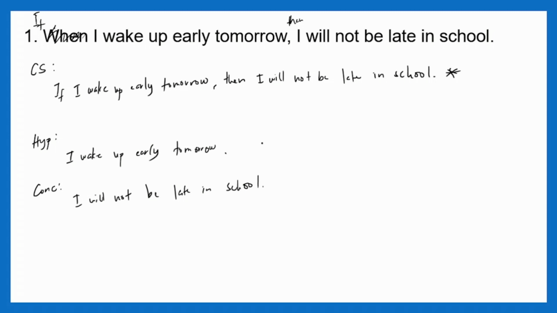Alright, so this is the answer for number 1. Again, for conditional statements, we have, if I wake up early tomorrow, then I will not be late in school. So for hypothesis, I wake up early tomorrow. Then, for conclusion, I will not be late in school.